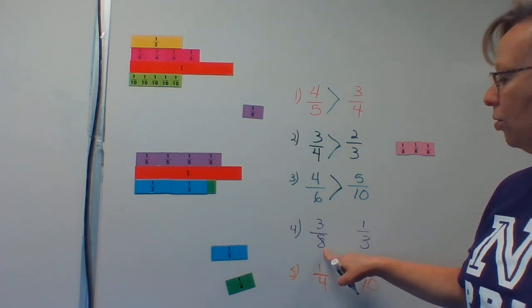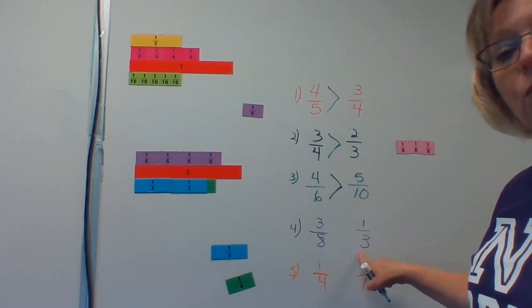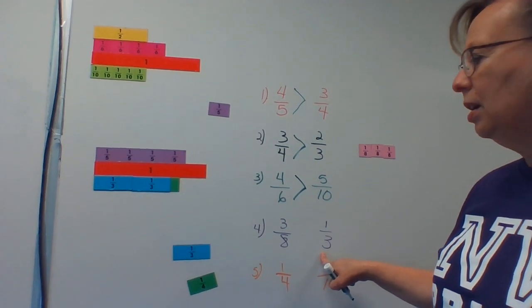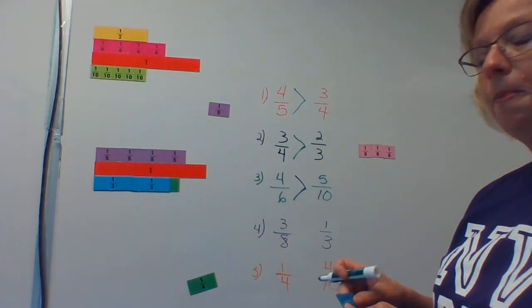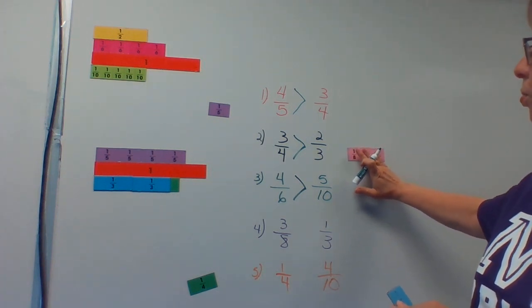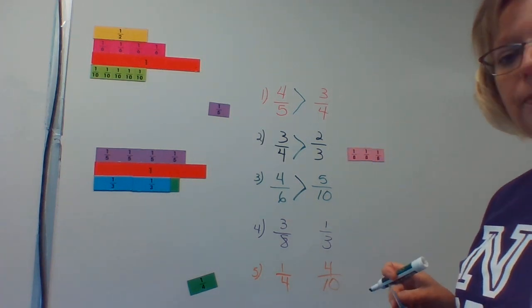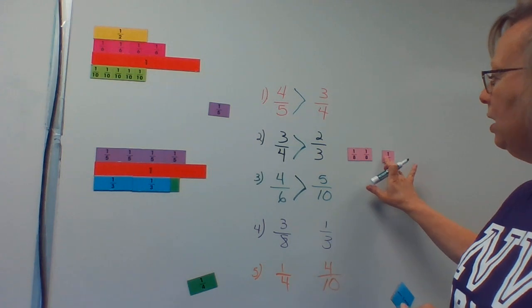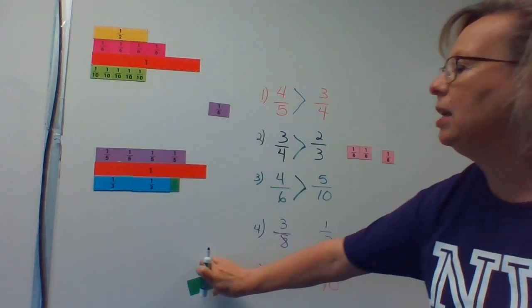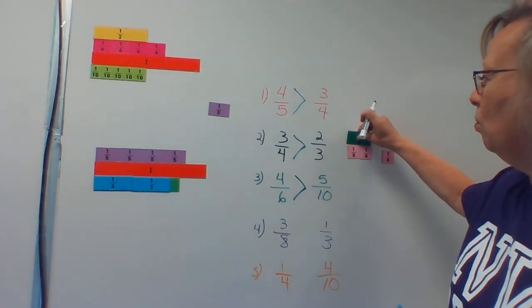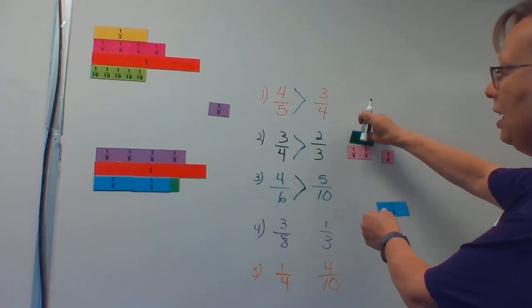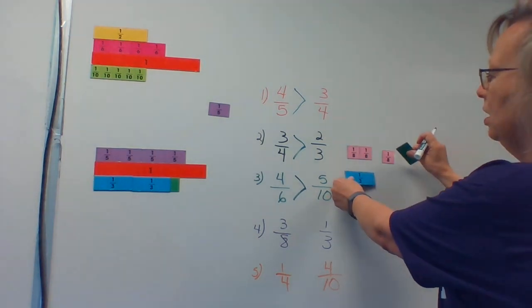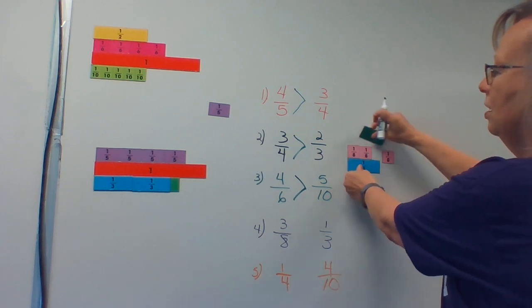Another one to think about, 3/8 and 1/3. Well, here's my 1/3. Here is 3/8. Well, I know 2/8 is about equal to 1/4. And then, so I'm really kind of comparing a 1/4 to a 1/3.